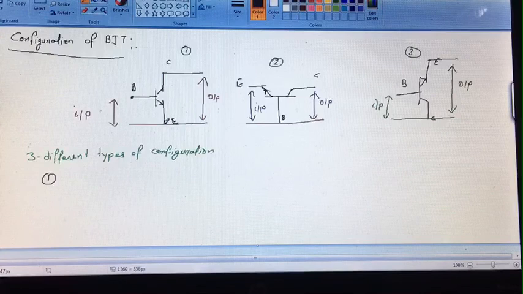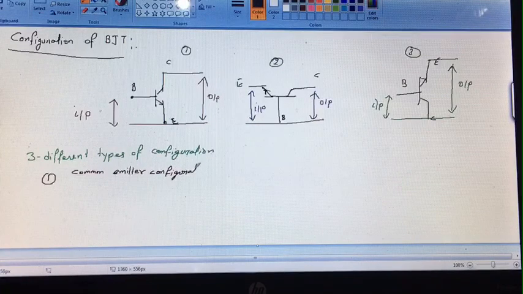So that's why this configuration is known as common emitter configuration. The first configuration is common emitter configuration.